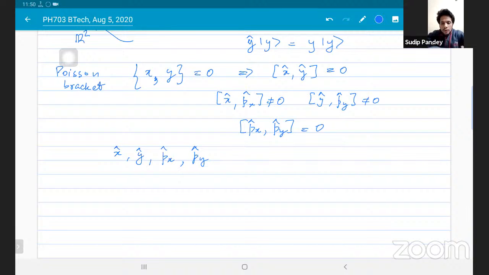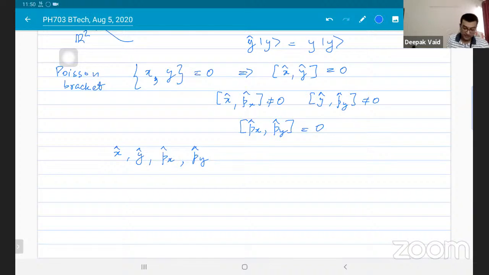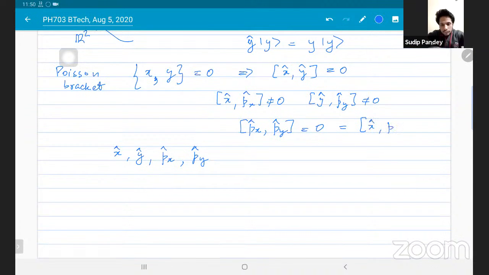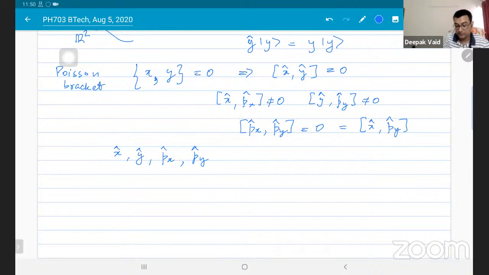Yes, sir, if we take x and py, then also it is 0. You're right. If you take x and py, that is also 0. And y and px, that is also 0.